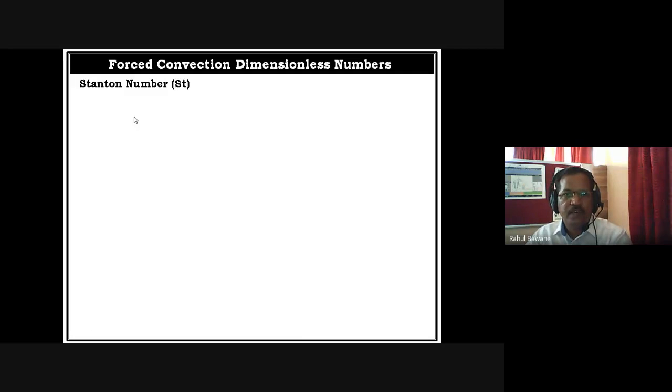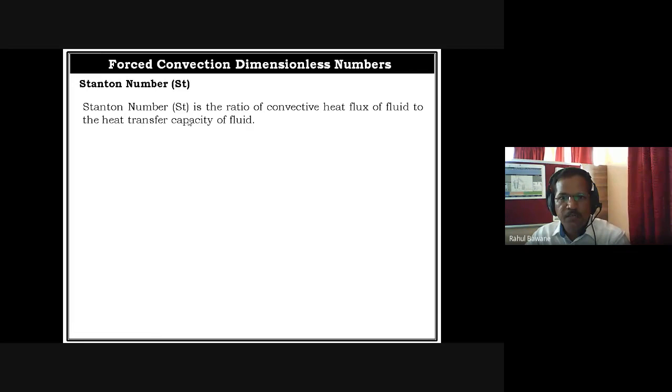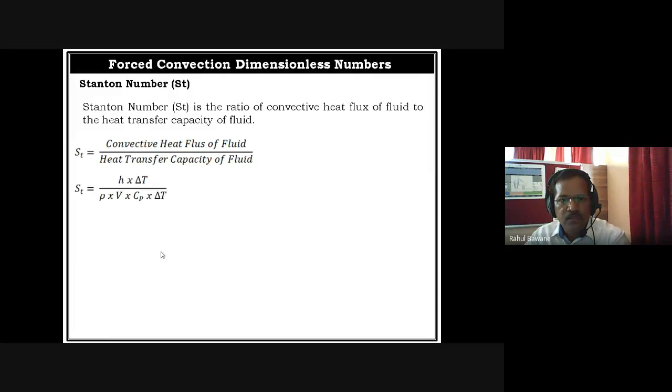Now Stanton number. Stanton number is the ratio of convective heat flux of fluid to the heat transfer capacity of fluid. So convective heat flux is h into delta T, then heat transfer capacity of fluid is rho V Cp into delta T. So delta T gets cancelled. We finally obtain Stanton number is h upon rho V Cp.